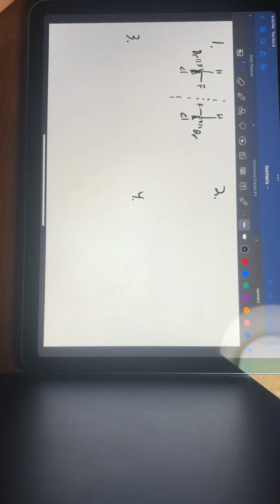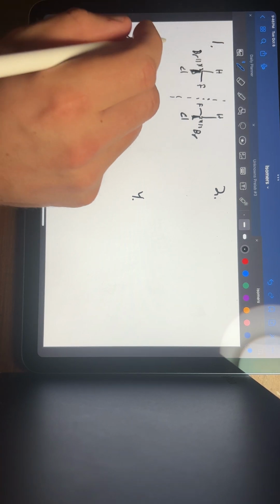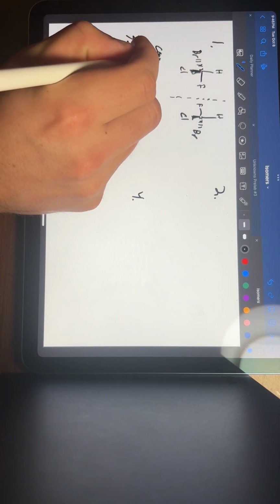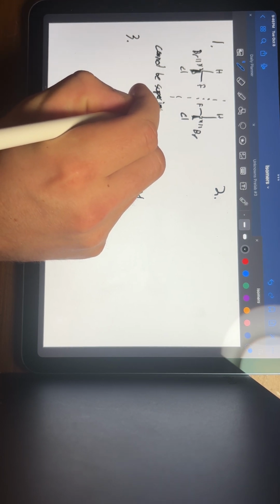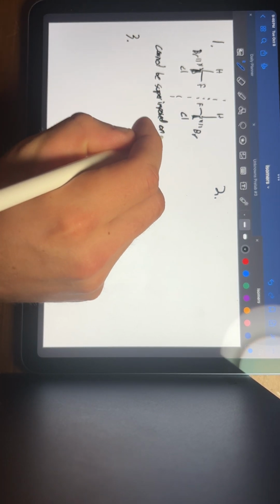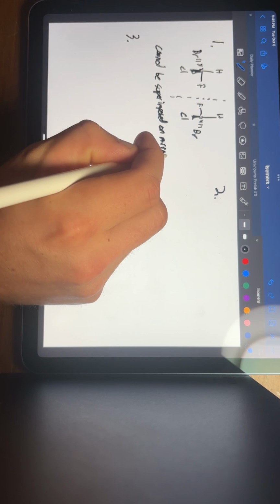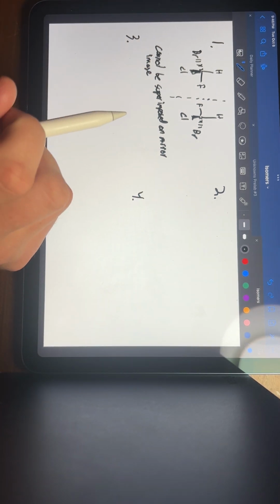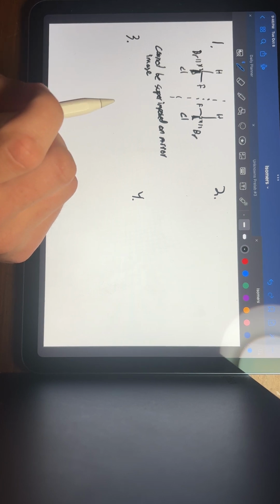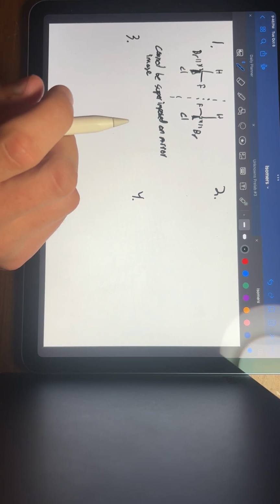So enantiomers are compounds that cannot be superimposed on their mirror image. So this compound cannot be superimposed on its mirror image.